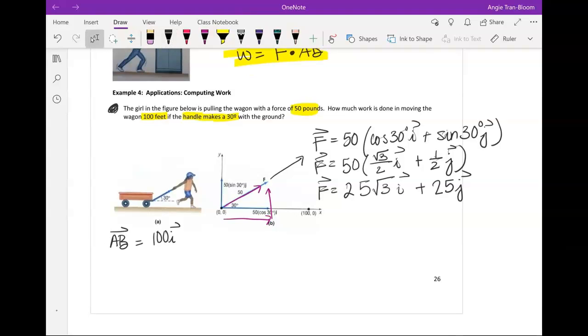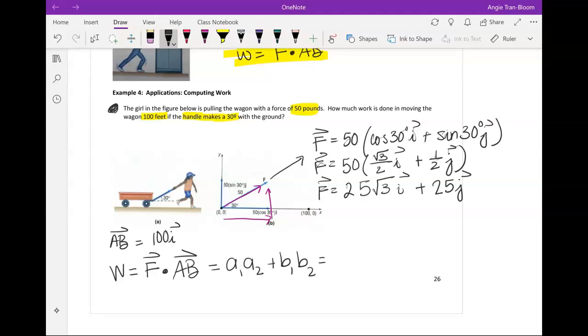The work equals the dot product of these two, which is A1 times A2 plus B1 times B2. A1 is going to be 25 root 3 times A2, which is 100, plus B1, which is 25, times B2, which is 0.